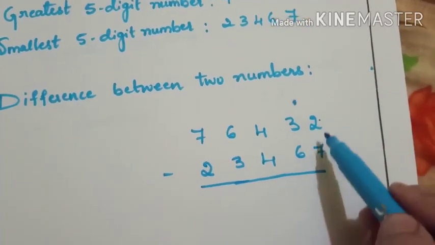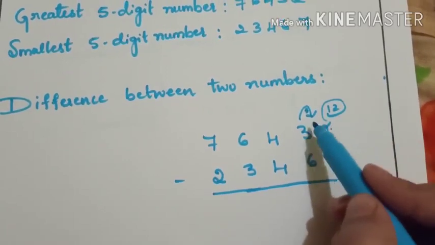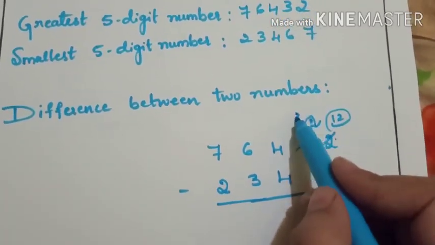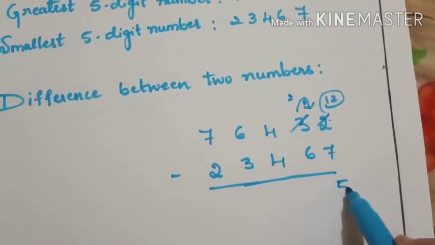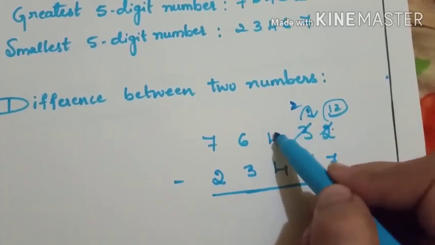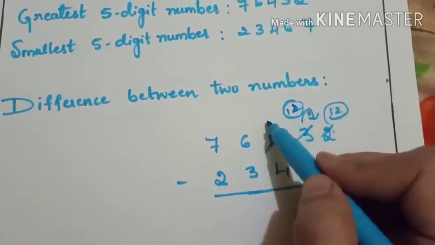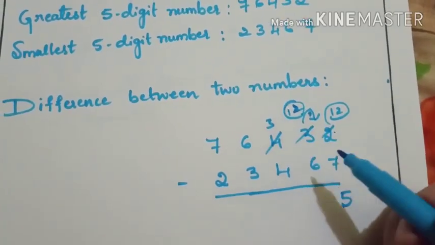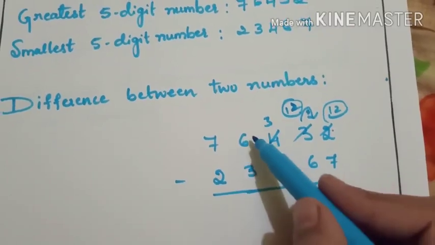So 2 minus 7 is not possible. It becomes 12 and this becomes 2. Now 12 minus 7 is 5. Again here 2 minus 6 is not possible. Take a borrow, it becomes 12 and this becomes 3. 12 minus 6 is 6. 3 minus 4 is not possible.